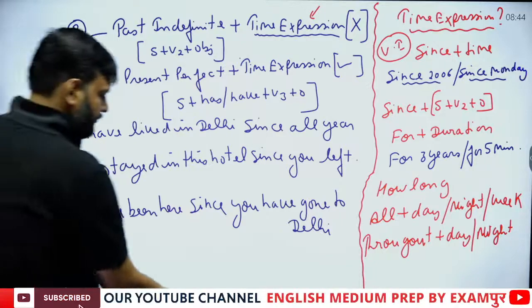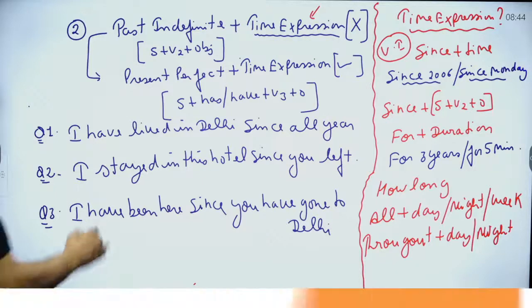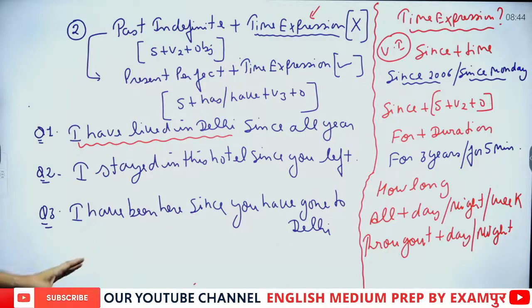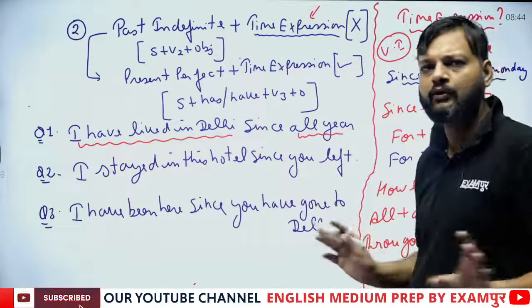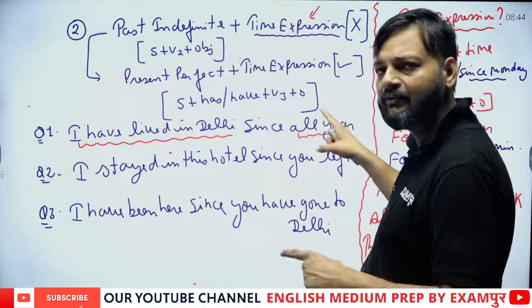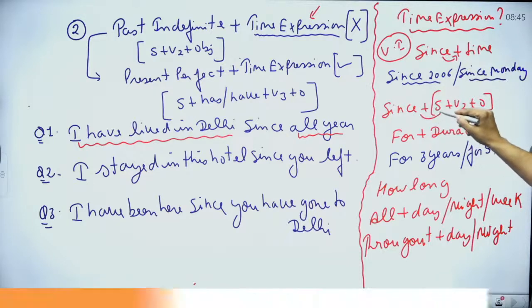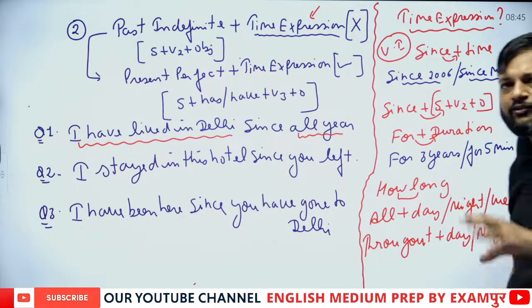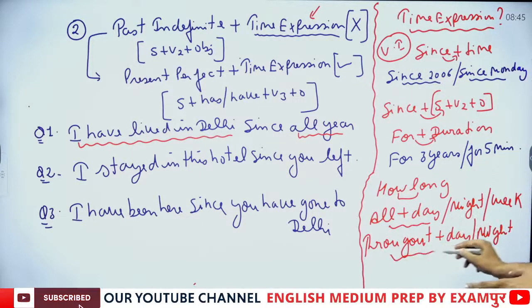See, in the first sentence, we have present perfect tense. I have lived in Delhi. This is present perfect tense, no problem. Now, all year is a time expression. Okay, fine, no problem, because a present perfect tense can have a time expression. Now, if you see, I have written since plus time, since plus past indefinite, for plus duration, and just how long. There is no since or for with how long. And here I have written all day, night, throughout the day, night.